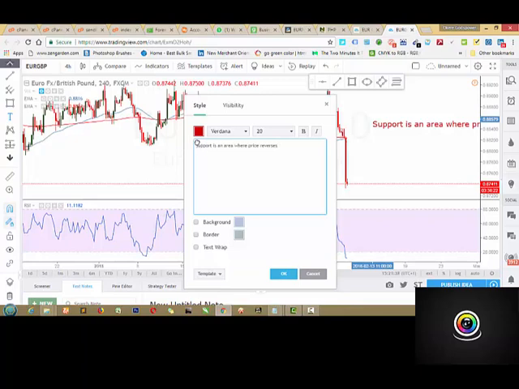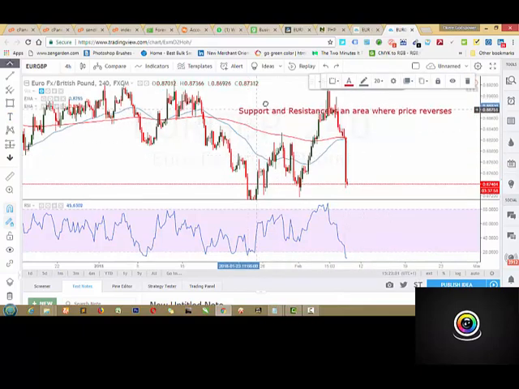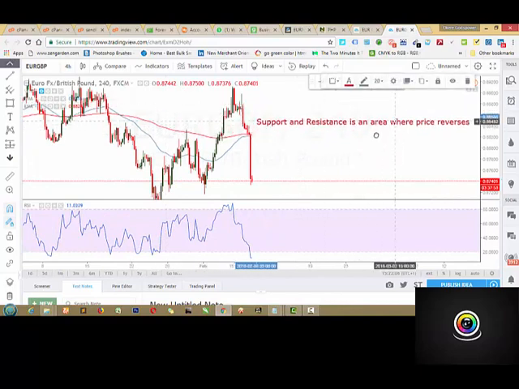Support and resistance are areas where price reverses in the market. We call them price reversal zones, areas in the market where price gets to and reverses. That is support and resistance.